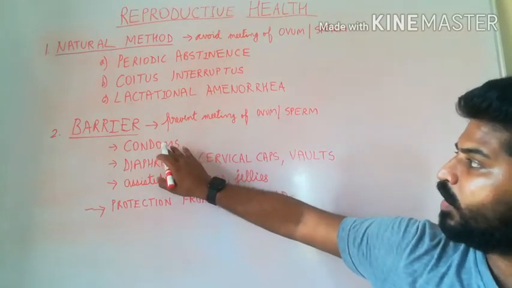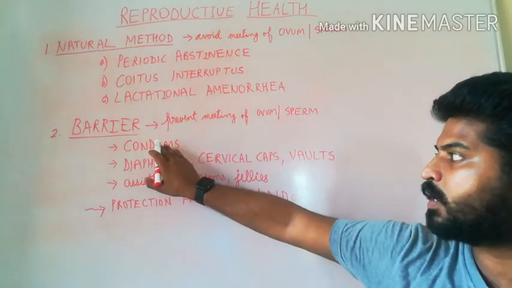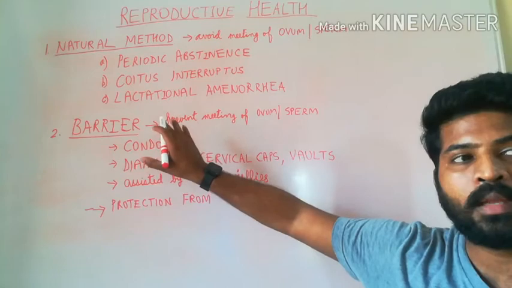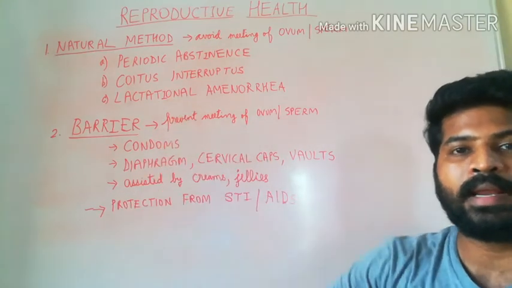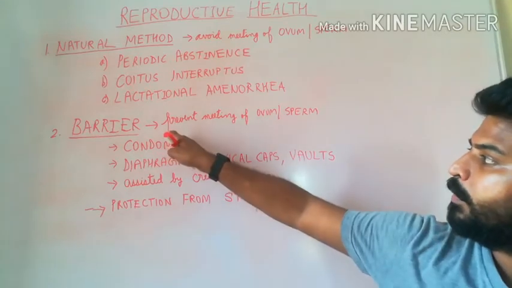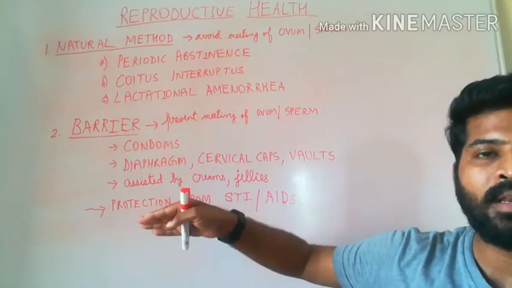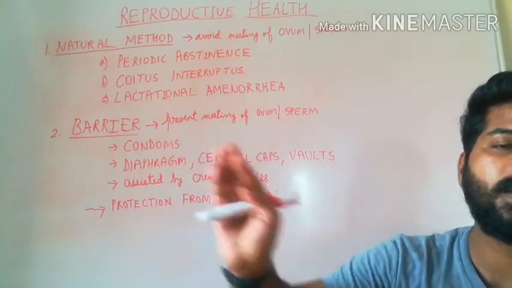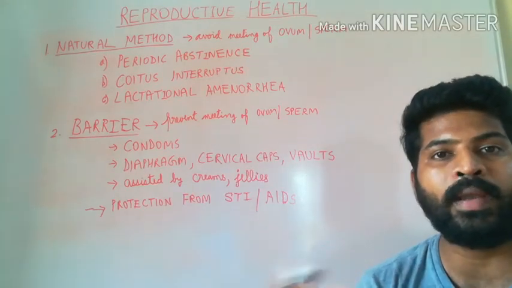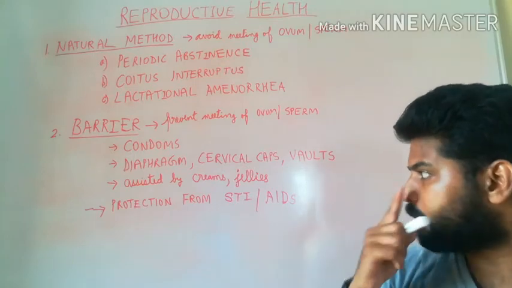For males and females, we have condoms, which are made up of rubber or latex, which are worn on the penis or worn inside the vagina by the females. So they prevent the semen from entering into the cervix. Therefore, the sperms cannot meet the ovum, hence it will prevent fertilization.